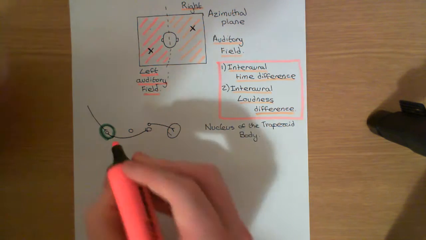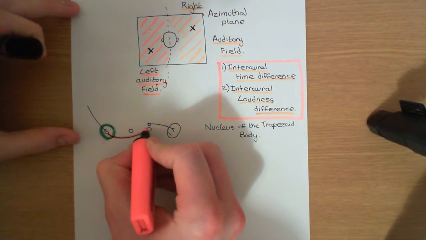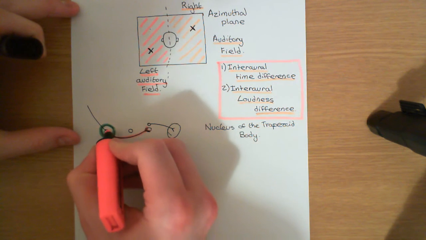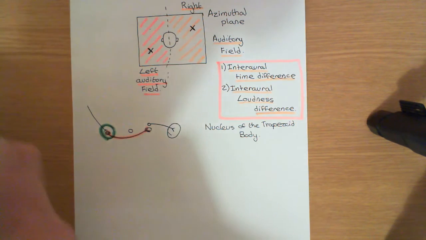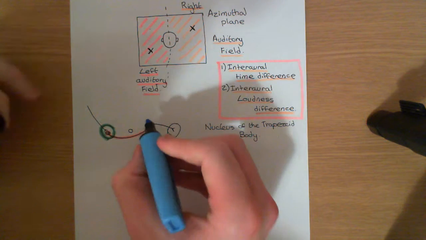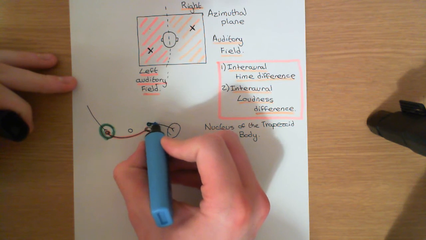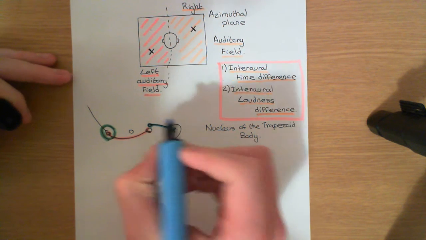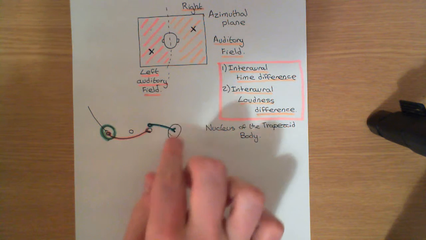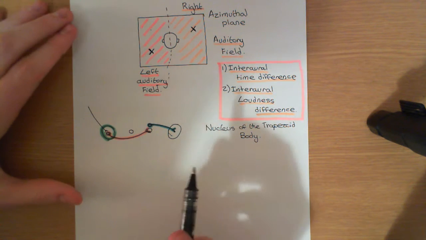So this neuron here, which I'm colouring in red, is an excitatory neuron, and it's going to be activating the neurons in this nucleus of the trapezoid body, which are inhibitory neurons, and which will go into the superior olive over here and inhibit it.